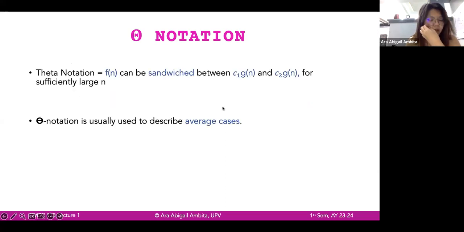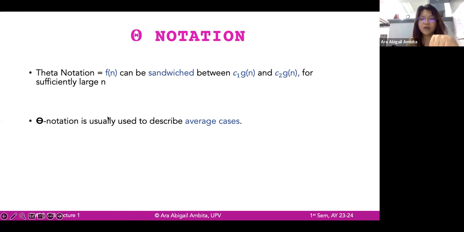So again, as I mentioned, we can say that this function f of n is being sandwiched between this function g of n with two differing constants c1 and c2.